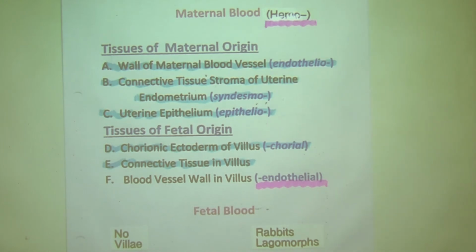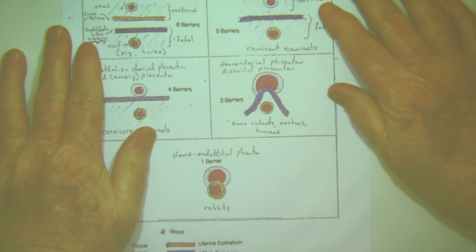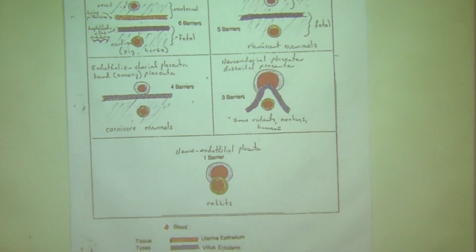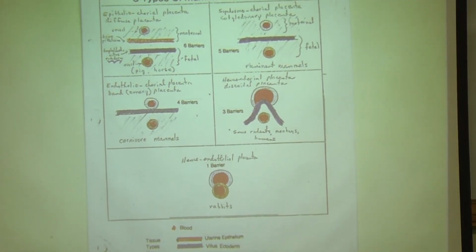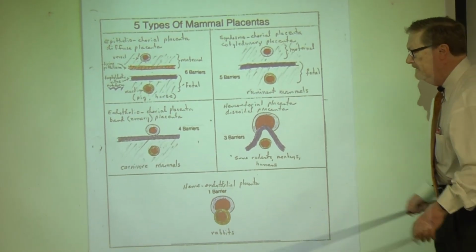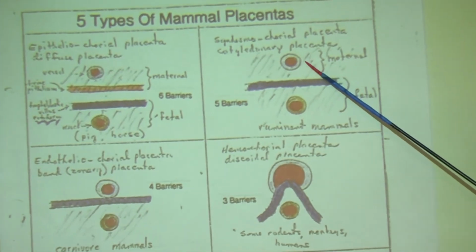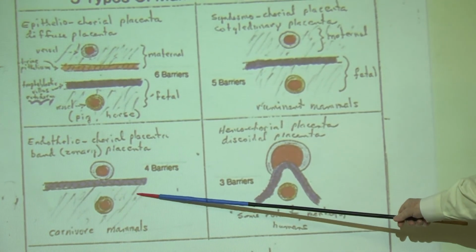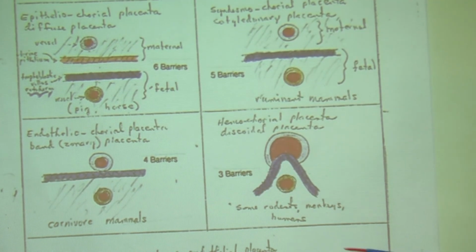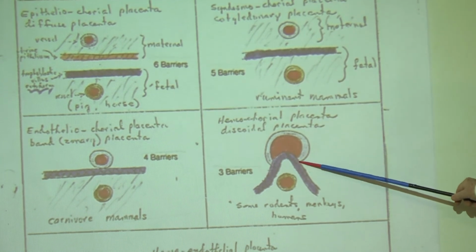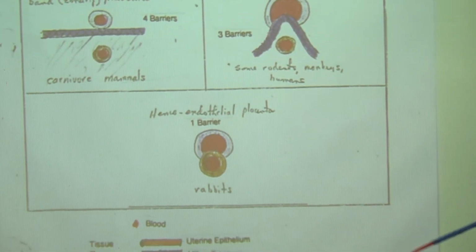Now, I will provide for you this summary sheet to help you to figure out what's going on here. The 5 types of mammal placentas. They are in order: 6 barriers, 5 barriers, 4 barriers, 3 barriers, and 1 barrier.